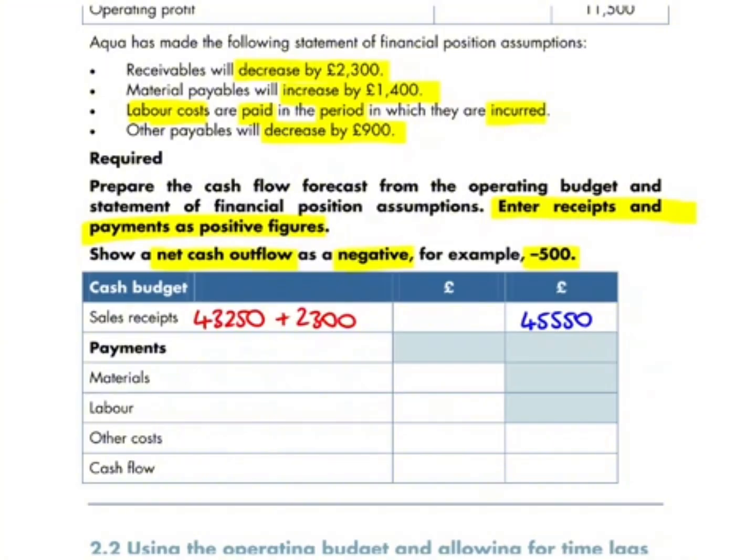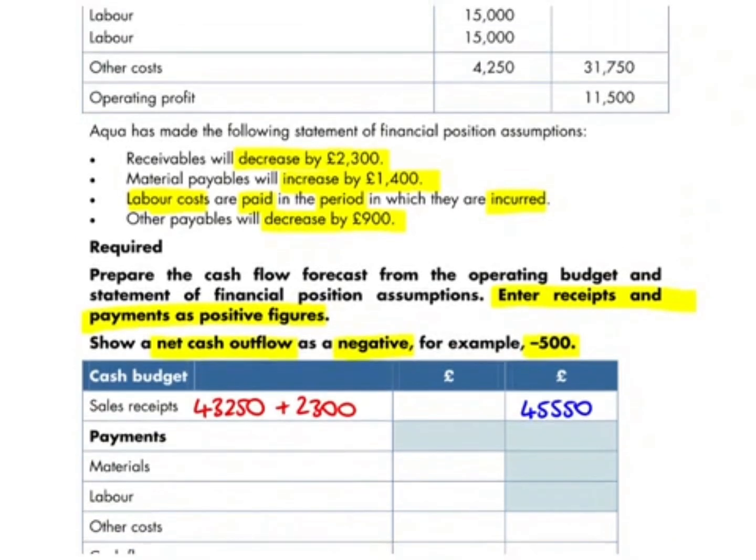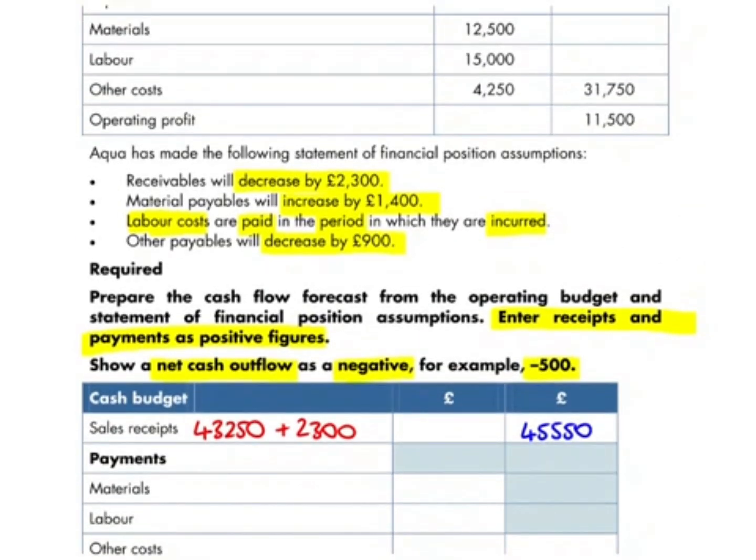With our material payables, well, they're going up by £1,400, and it means that for materials, the business has not yet paid the supplier, and that's going to generate a lower cash outflow for the business than is stated on the materials line on our operating budget.